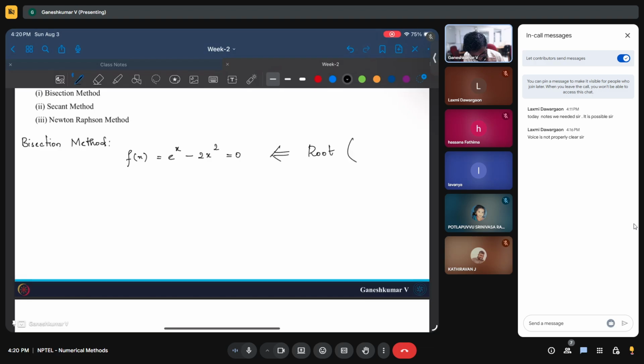Root, which means f of, let's say, zeta is equal to 0. We want this zeta. Now the interval is given, a and b.